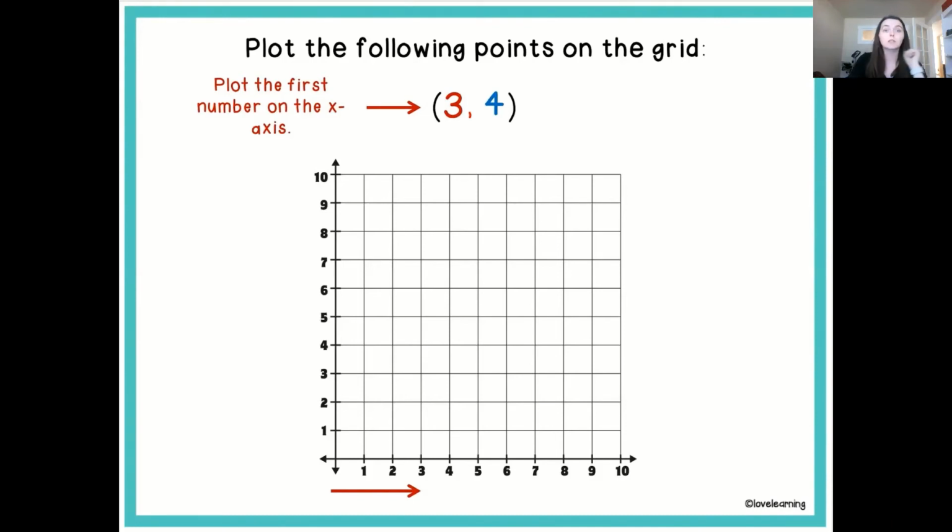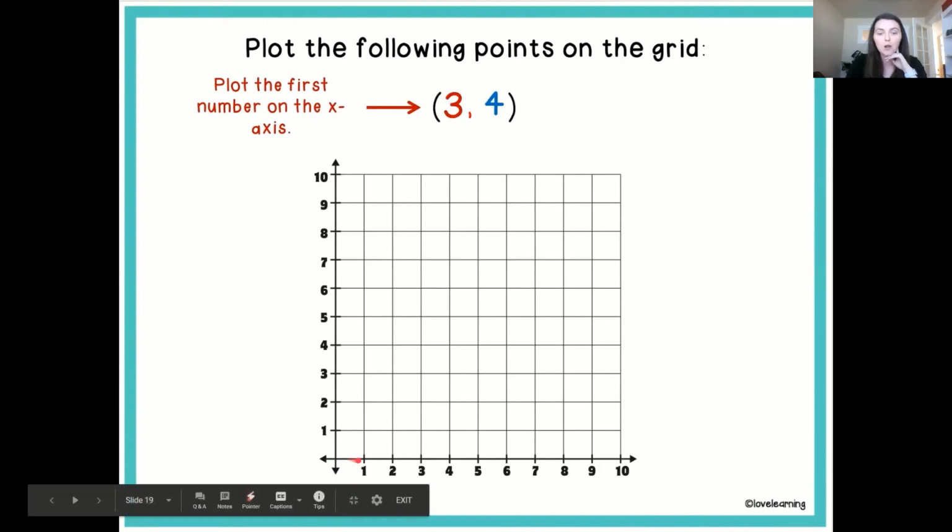So when we want to plot a point on the grid, you need to first look at the x-axis number, which is the first number in the ordered pair. This is the ordered pair, by the way. All right, so this, the red number, is our ordered pair. And so I like to say you're going to run over 3 because that's our ordered pair for the x-axis.